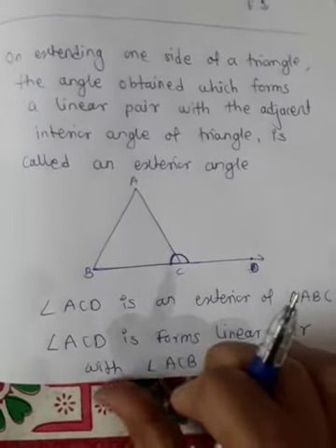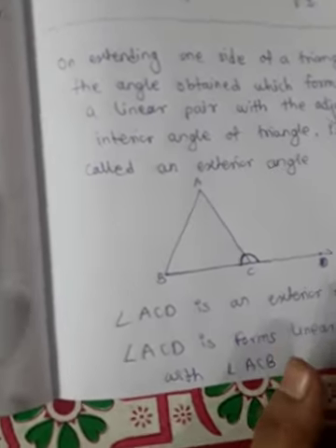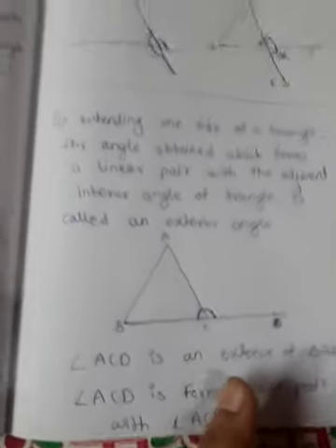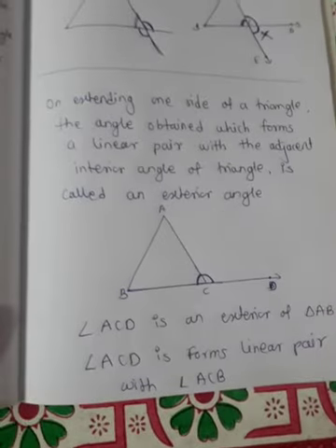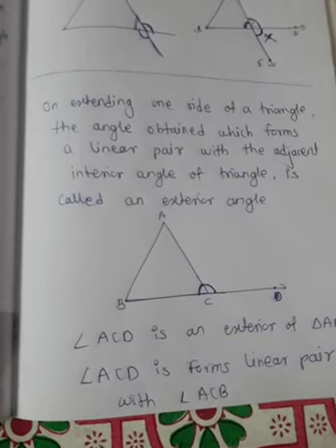Okay, so you have understood, for any triangle there are always 6 exterior angles.